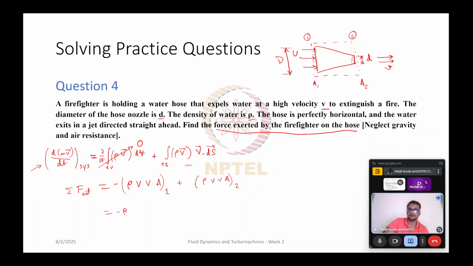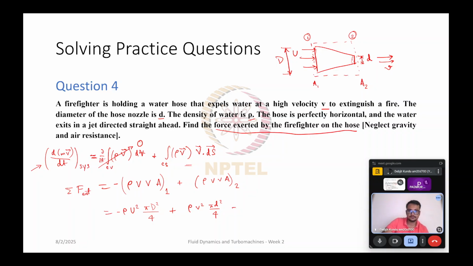So this will be minus rho for 1, it will be capital U squared, and A1, that is the area of the inlet, that is pi capital D squared by 4. And same thing for the outlet. So in this case, it will be small v squared into pi small d squared by 4.